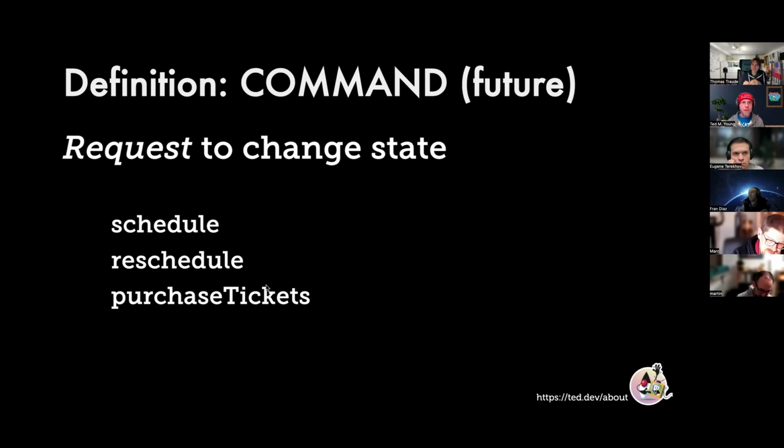It already happened. Can't reschedule this concert. It's only 24 hours away and we can't do that. Purchase tickets, there aren't enough tickets available. So these are requests to change state. And whether that request is allowed is the behavior of our system.